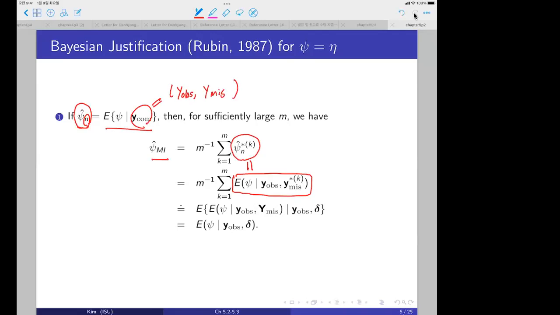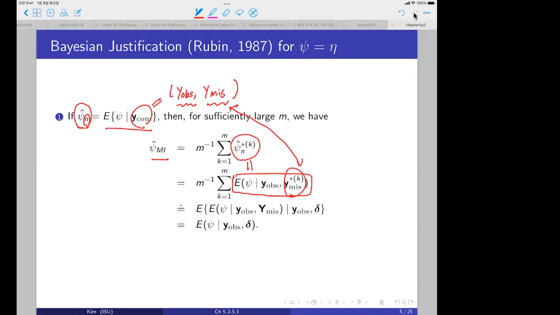The first part is always observed, but the second term is missing and unknown, so you need to plug in the imputed value for the missing part.